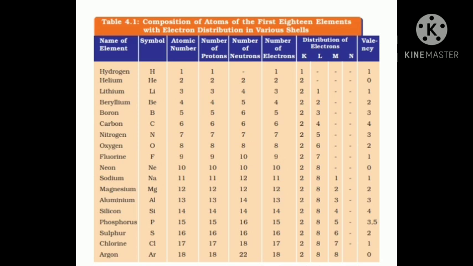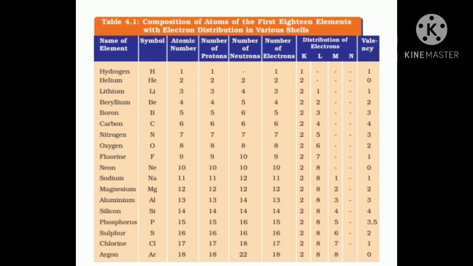Distribution of electrons 2, 8, 4 in K, L and M respectively. Number of electrons in the outermost shell 4. So that is the valency 4. Phosphorus, symbol P, atomic number 15. So number of protons and electrons are 15. The neutrons are 16. Distribution of electrons 2, 8, 5.